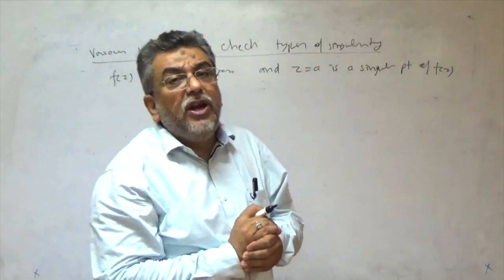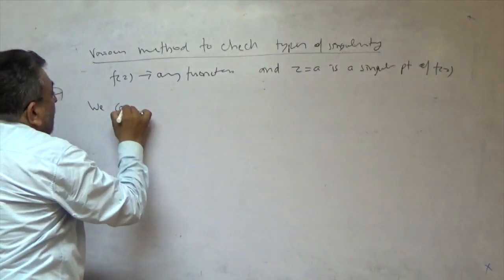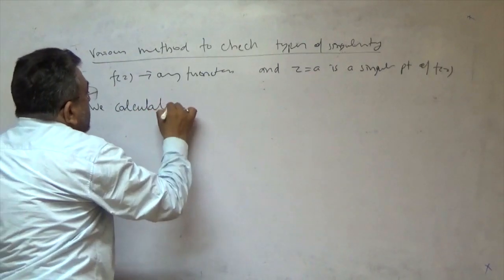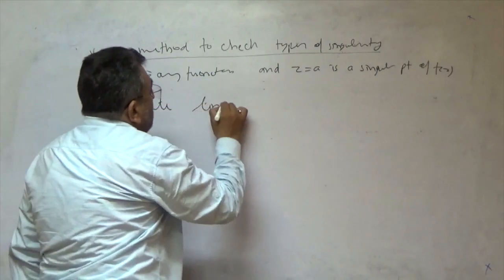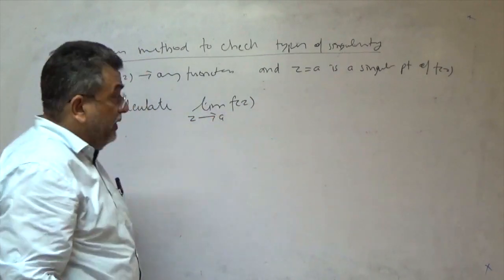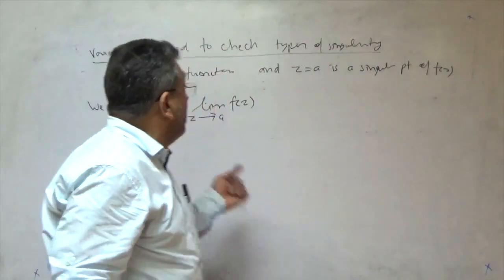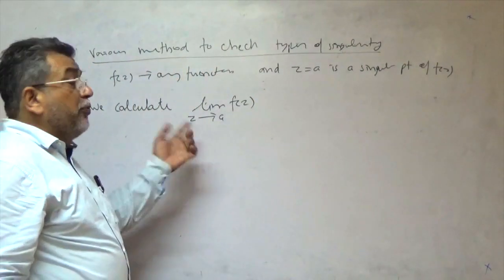That is the method of limit. Only you have to find the limits. If we calculate the limit of this function as z tending to a, and you know the method to find the limit, so we calculate the limit of this function at point a.